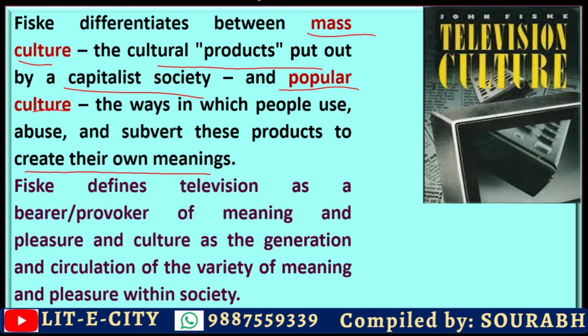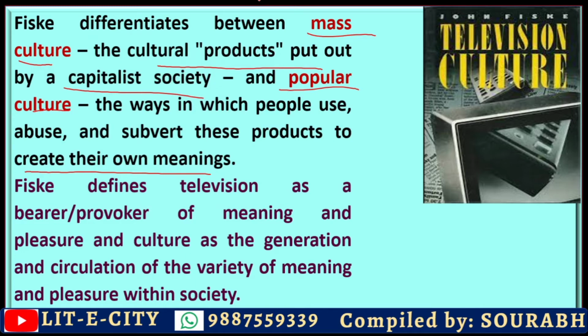They are almost contradictory to each other. Mass culture is the product of the market, product of the capitalist society to gain materialistic gains, while popular culture is appropriation, the use made by the public, taking these mass products according to their own uses.